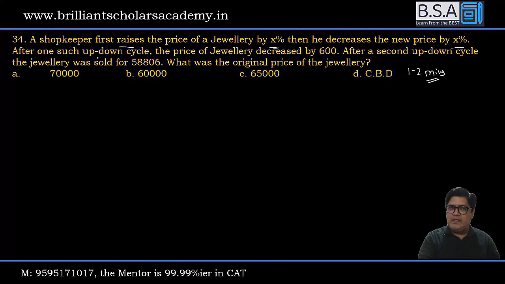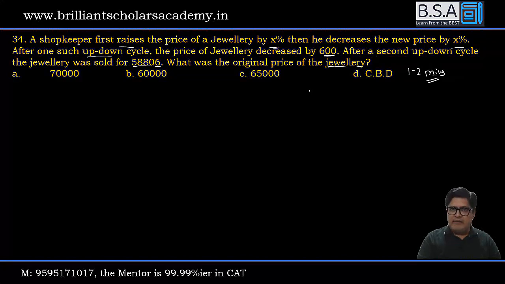After one such up down cycle, the price of the jewelry decreases by 600. After the second up down cycle, the jewelry was sold for rupees 58,806. What was the original price of the jewelry?